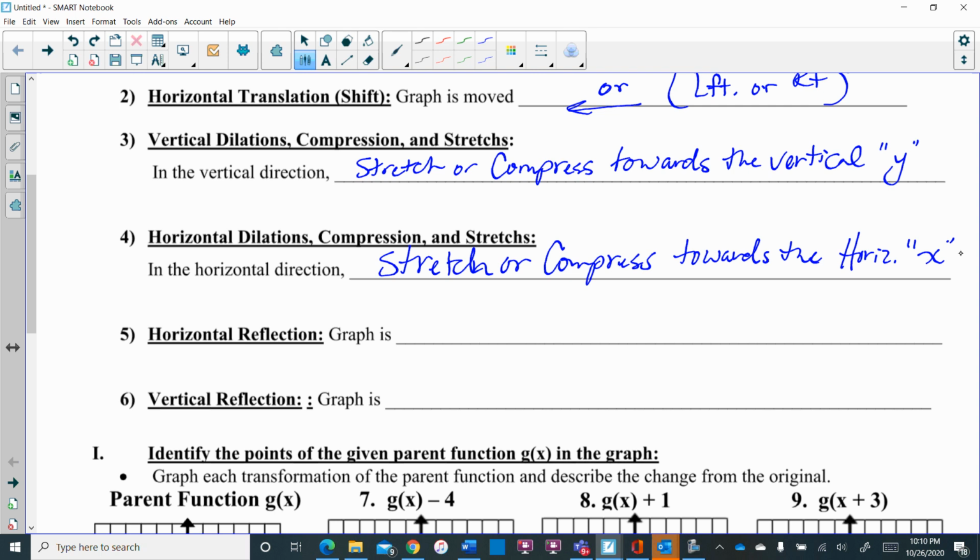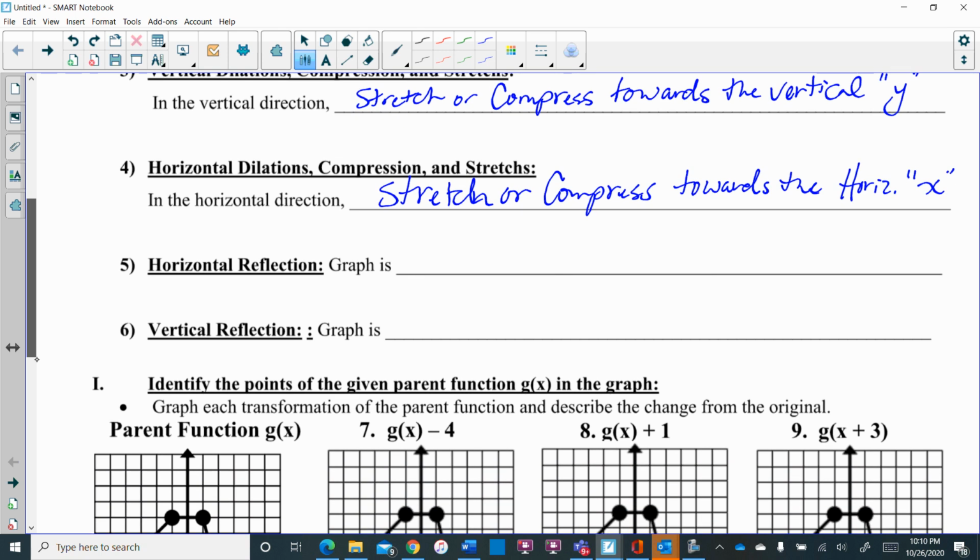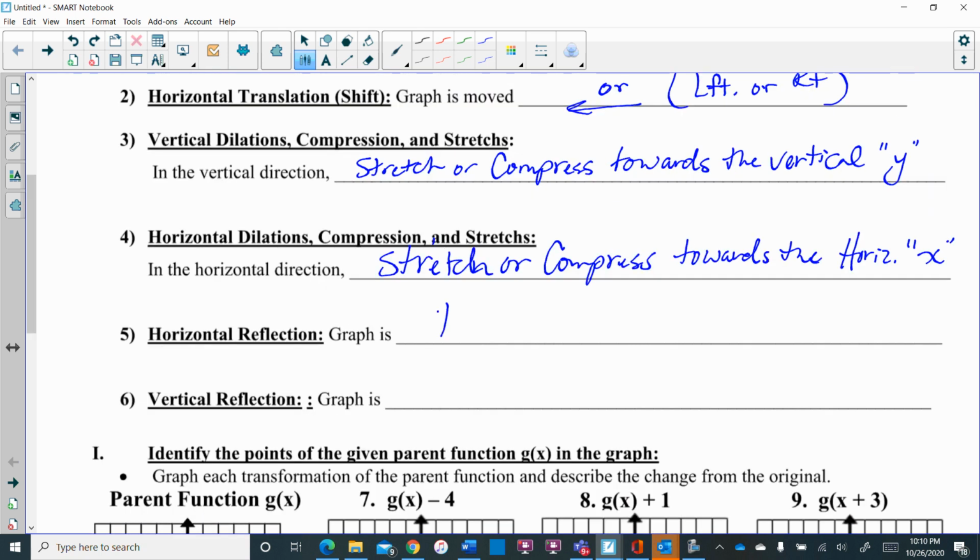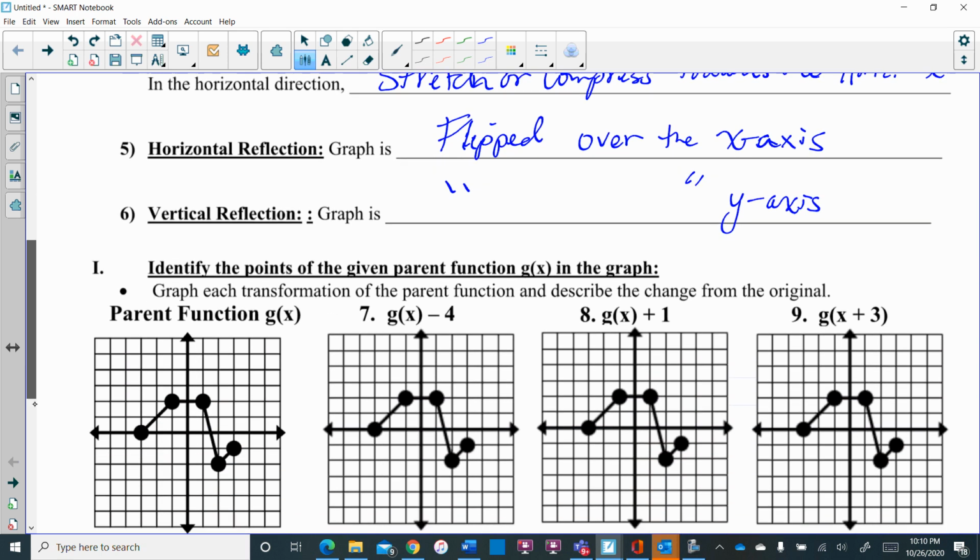Now, if I have a horizontal reflection, the graph is going to end up being flipped over the x-axis here. And if it's a vertical reflection, it's still going to be flipped, but now it's going to be over the y-axis.